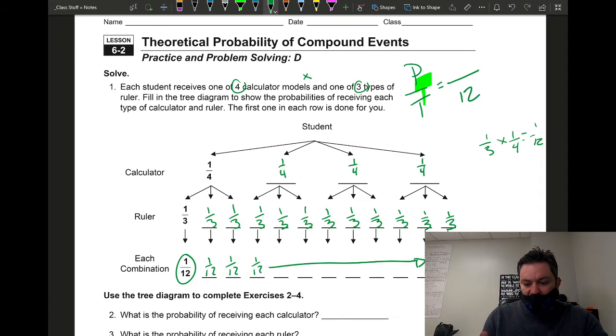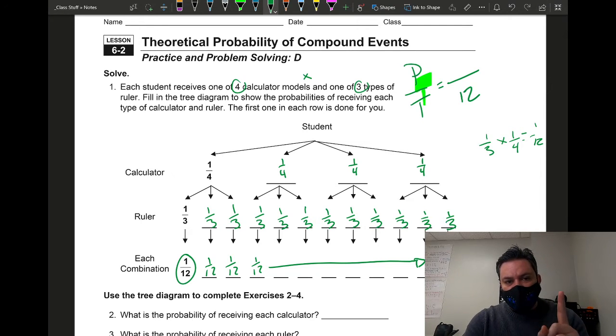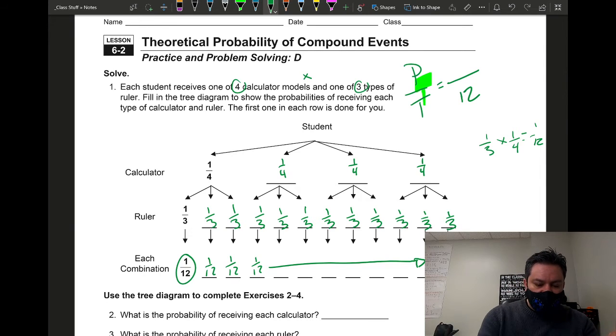Okay, that's it. Now remember, to find the compound probability, you're gonna find the single probability for the first thing. In this case, it's the calculator. How many different calculators? 4. One calculator for each student, right?